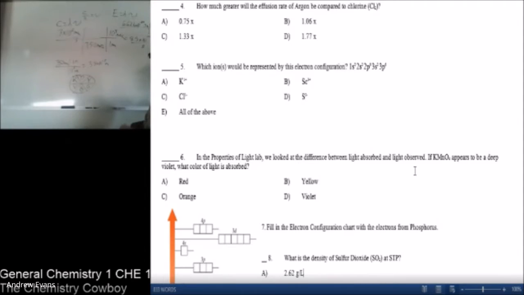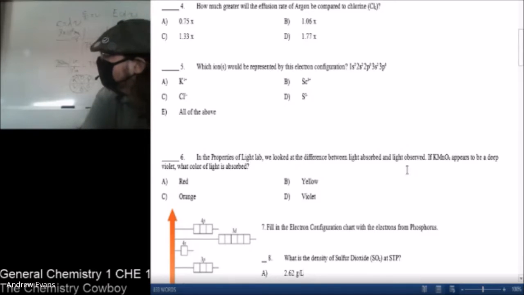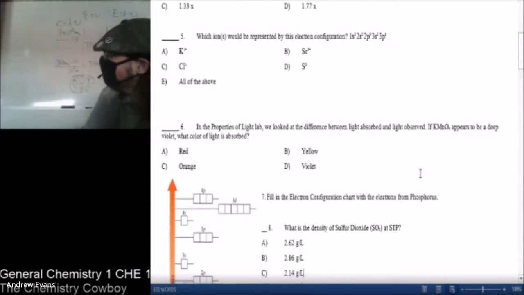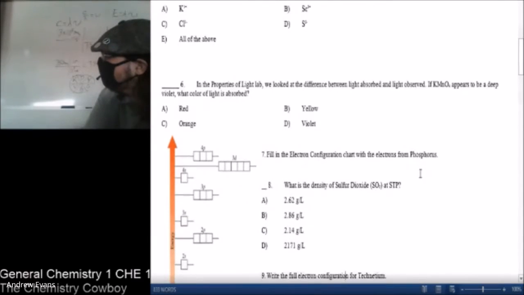So the yellow frequency of light would be absorbed, which produces the deep violet shade. So with Roy G. Biv, if it looks green, it must absorb red. If it looks orange, it must absorb blue. Vice versa. So that was number 6. That was really easy if you understand it from the lab.